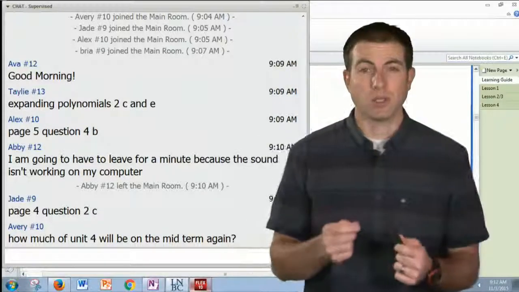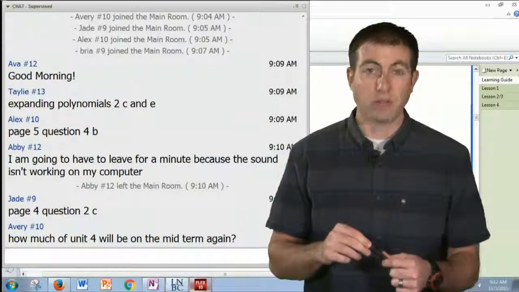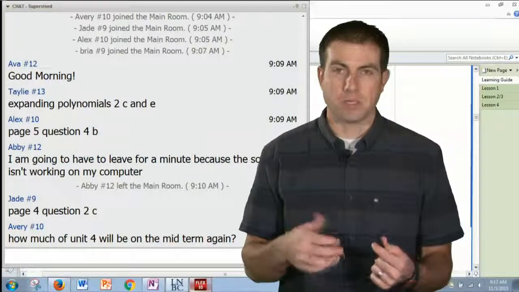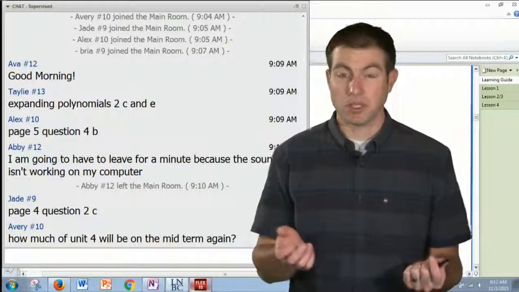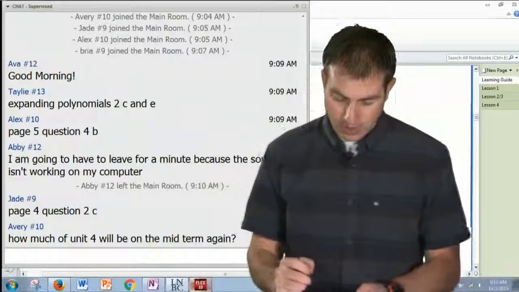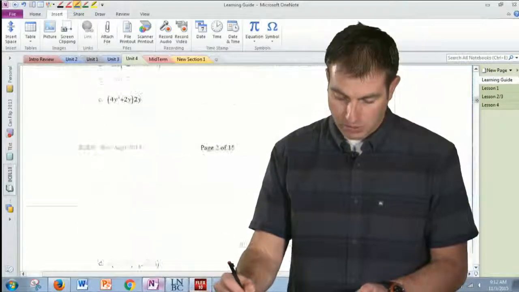And then just a couple of questions from Unit 4, on the expanding stuff we're doing right now. So there definitely won't be a focus on Unit 4, maybe 2 or 3 questions. It is on there, but it's not a prominent part of the midterm.